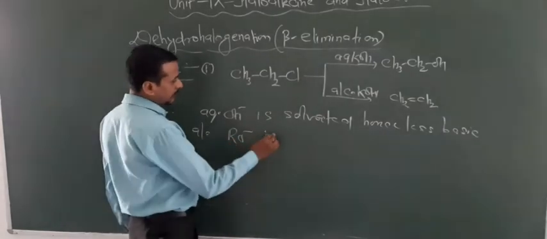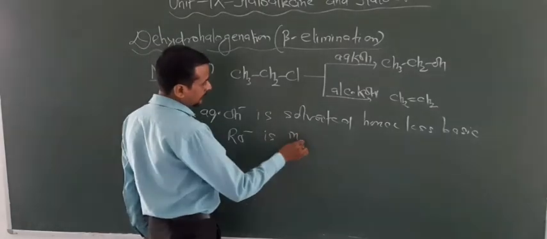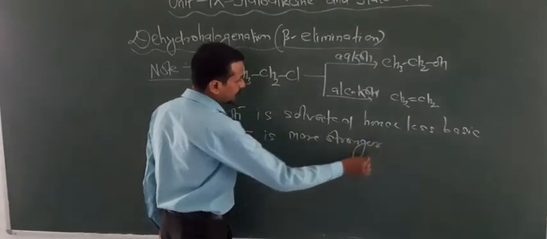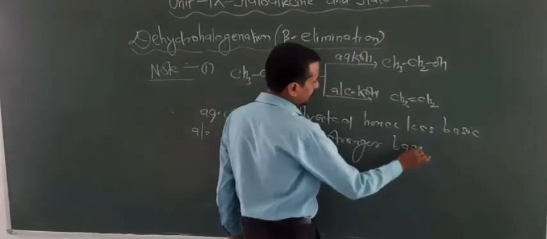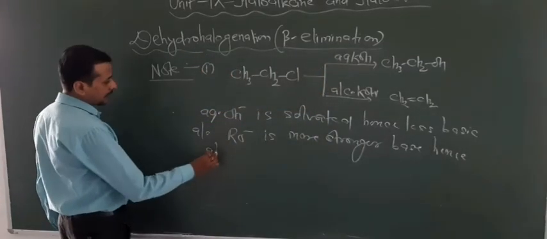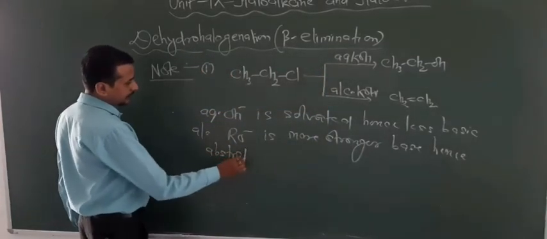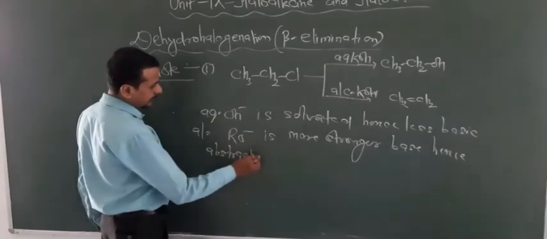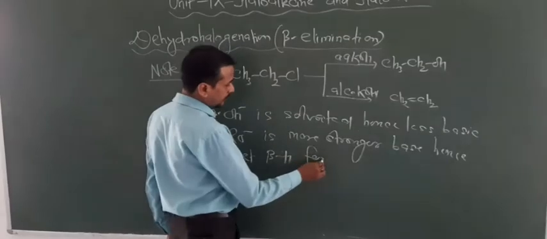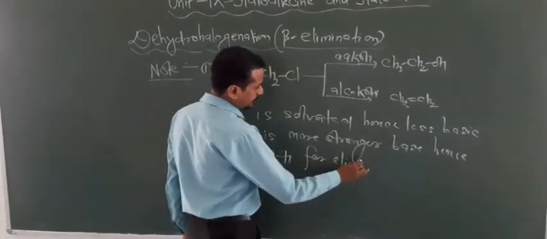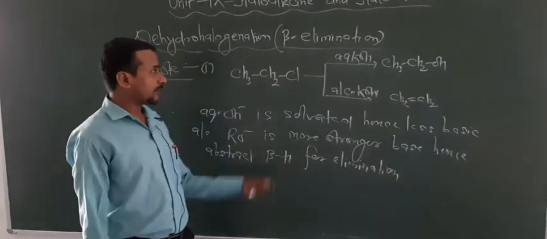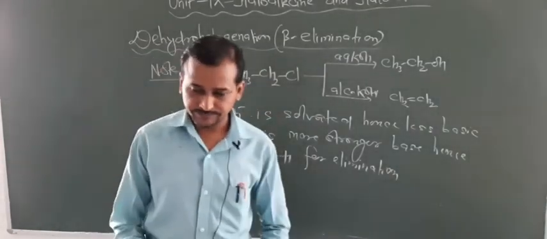So now it is a more stronger base, hence abstracts beta H for elimination. So this is the reason behind the different product in different condition.